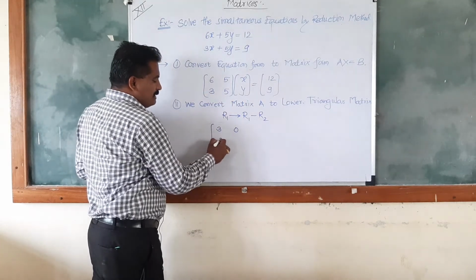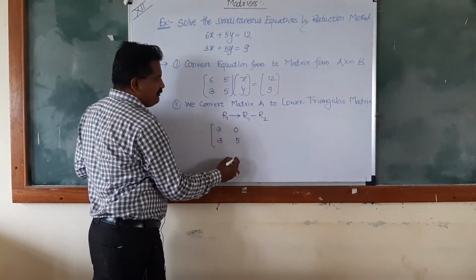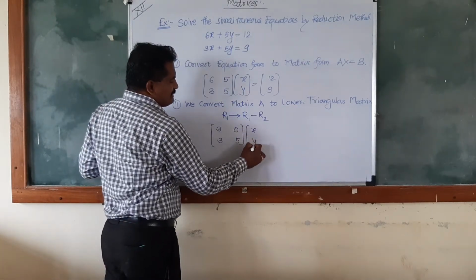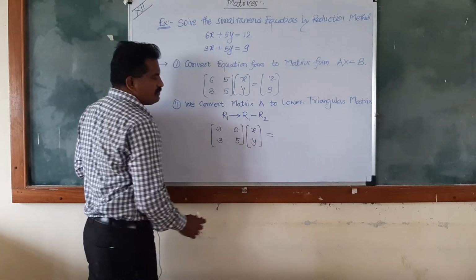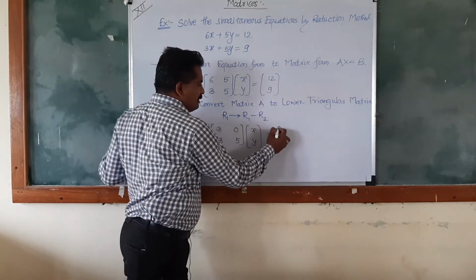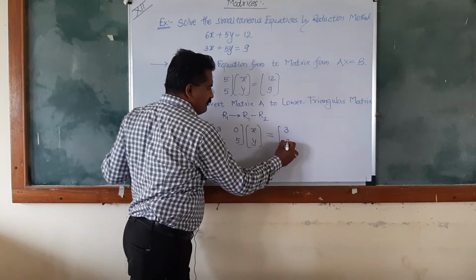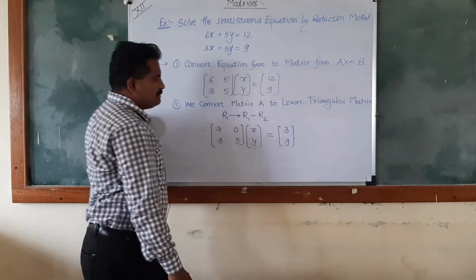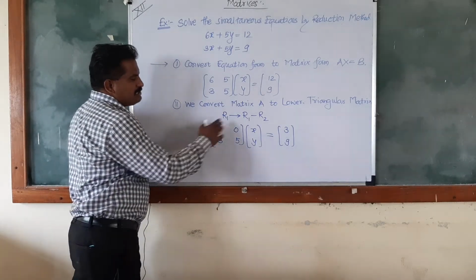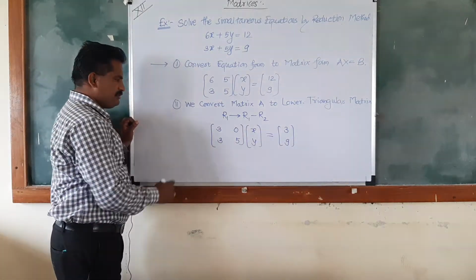This row is unchanged, which is 3, 5. There is no change in x. And this element 12 minus 9 is also 3. The second row is unchanged. If LHS is changed, then RHS should be changed.